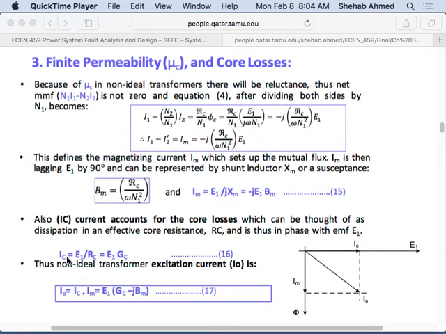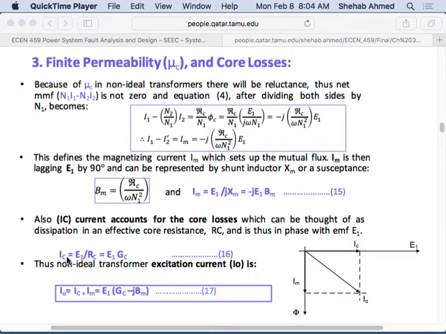So this current will be drawn. As soon as you apply a voltage, there will be current drawn to magnetize the core of the transformer. As well, there will be a component of that that will be used as a power loss component in the core of the transformer.